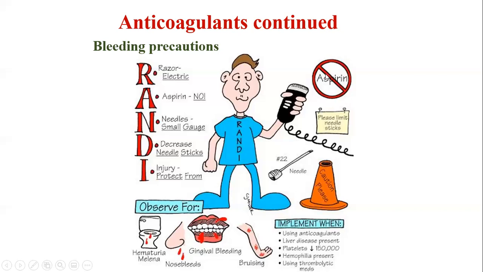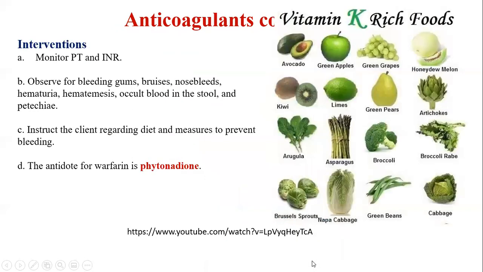No aspirin, limit needle sticks. Also, use caution when using anticoagulants, or if the patient has a liver problem, if the platelet number goes down below 150,000, or if the patient has a history of hemophilia, so it is important to follow the precautions.